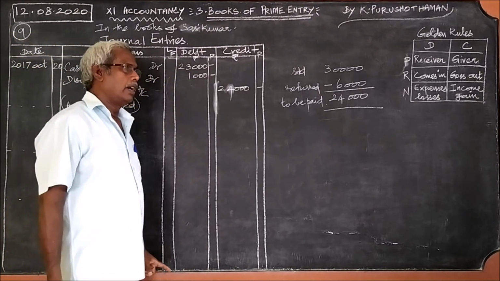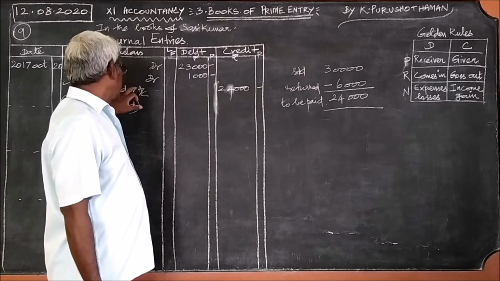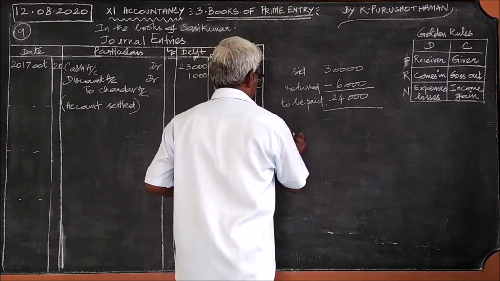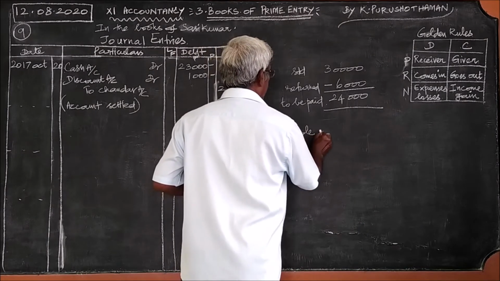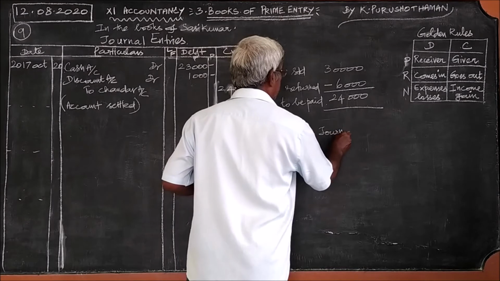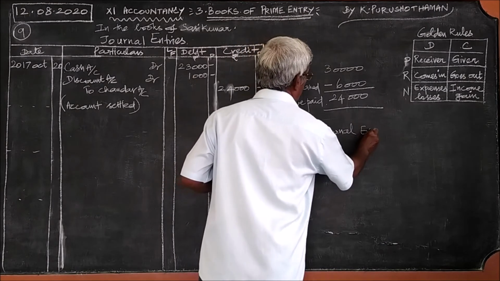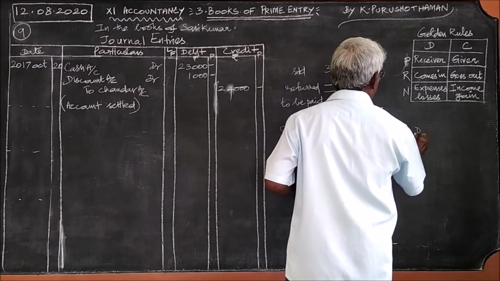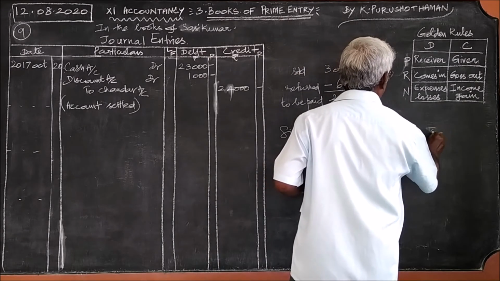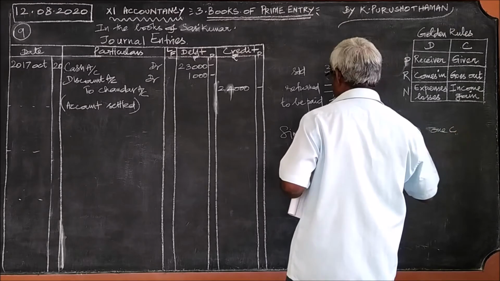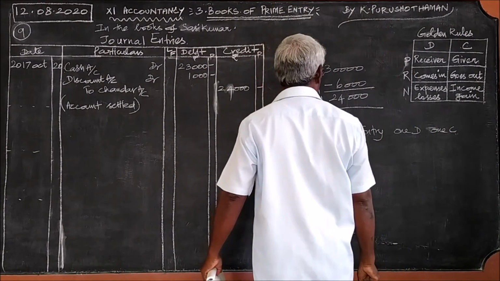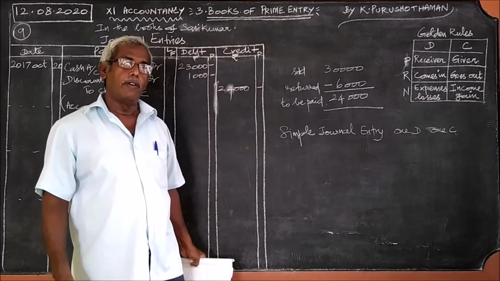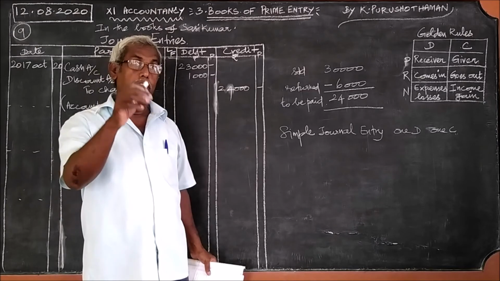Usually for one debit there will be one credit. That is called a simple journal entry. That is, for one debit, there is a corresponding one credit. Sometimes, for many debits, there may be one credit, or for many credits, there may be one debit.